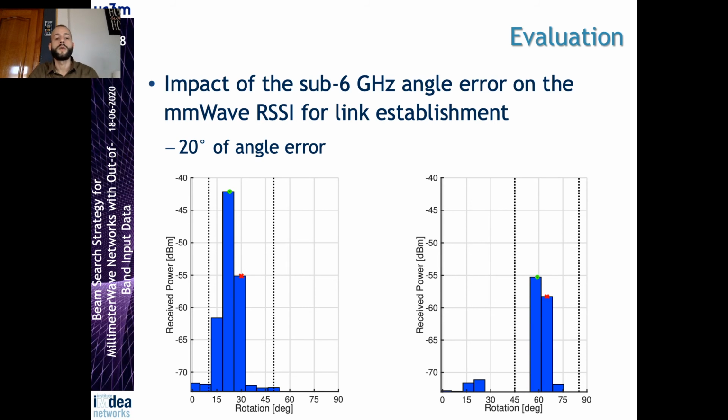Looking at the red cross, which is the estimation of the angle of departure or angle of arrival, if we increase the area to 2 theta, where theta is 20 degrees, so up to 40 degrees, we are able, according to the example in these pictures, to detect the best beam in terms of best RSSI, which is the green circle.